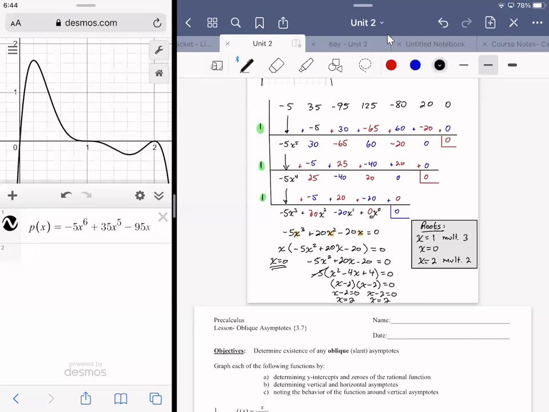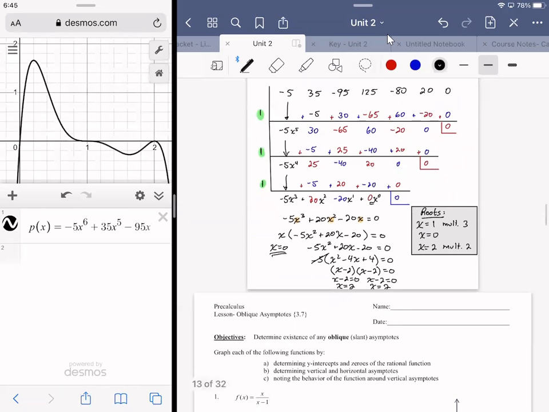There is very little to do when determining the oblique asymptote using synthetic division. In fact, it's the kind of problem that you'll look at and say, wait, there's got to be more. I must be missing something. But you'll see as we go through it, you won't be missing anything. It's just a nice, simple application of the concept of synthetic division.